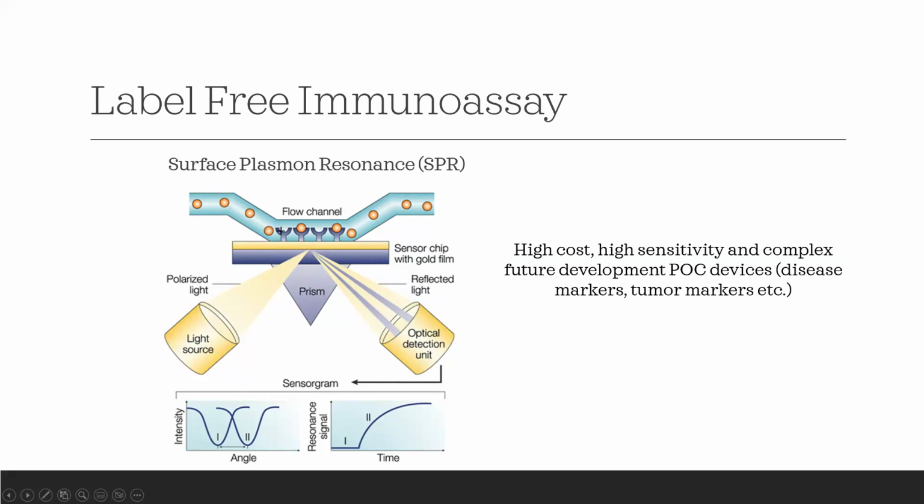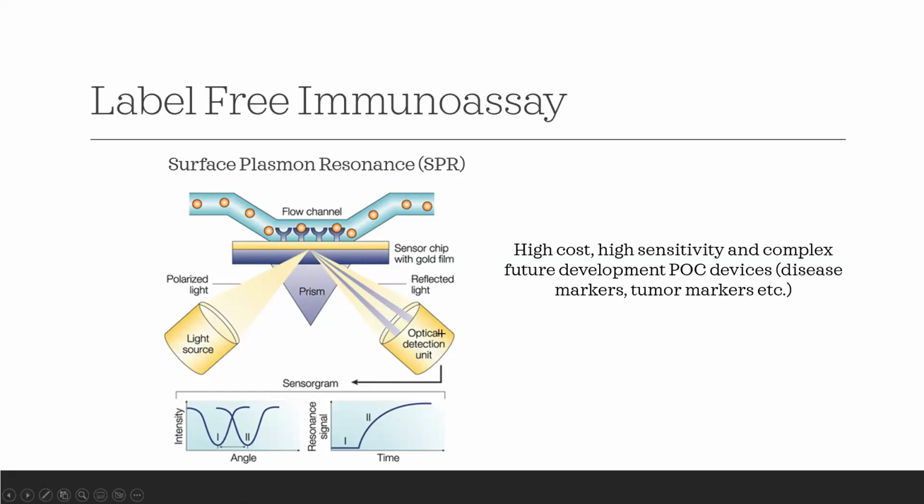If there's an antibody-antigen reaction here, the refraction angle will change. The change of the angle can be detected to determine the concentration of the antigen. To be honest, I don't know much in detail. I'll just pass a message to you.